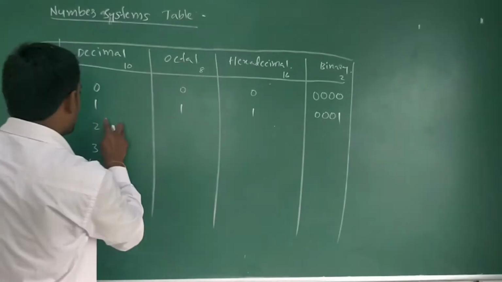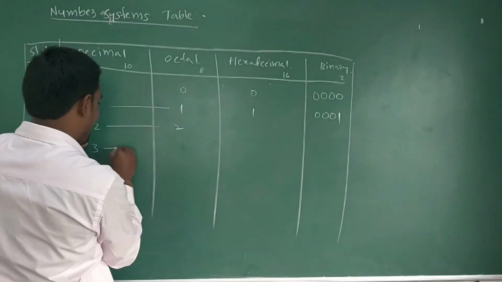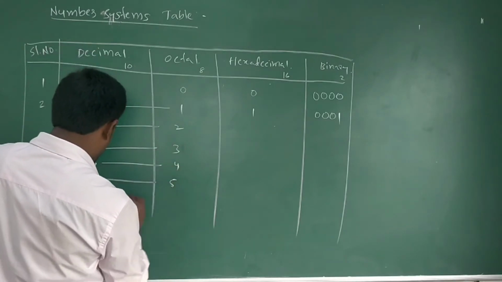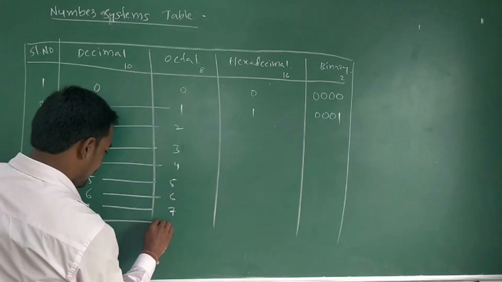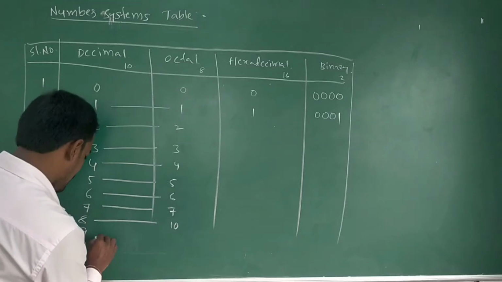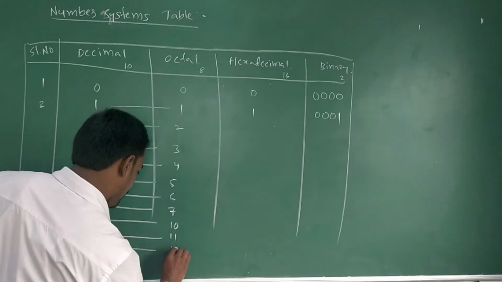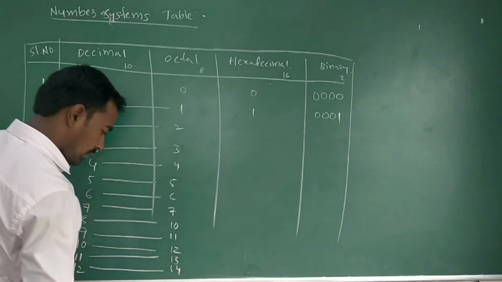12. Coming to the octal number system, 2 is equal to 2, 3 is equal to 3, 4 is equal to 4, and 5, 6, 7, and 8 is equal to 10, 9 is equal to 11, then 12, 13 and 14.